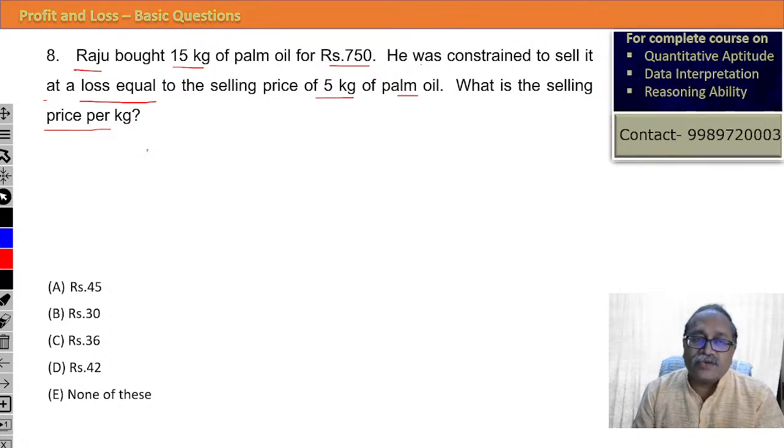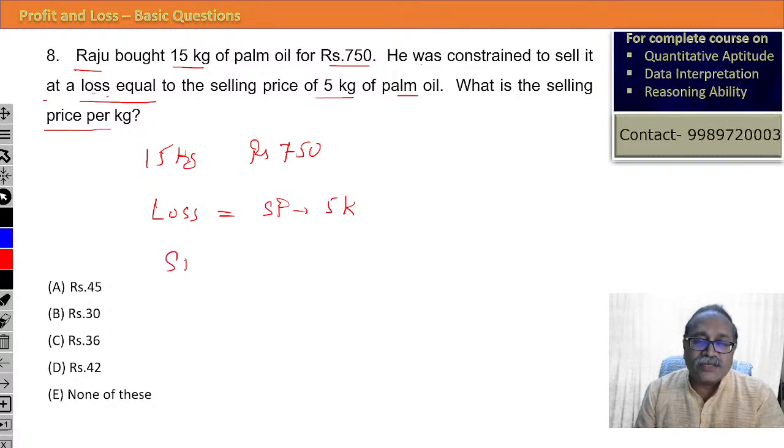It is given in the question, to understand it a bit: he bought 15 kg for rupees 750. Now he is forced to sell at a loss, and that loss is equal to the selling price of 5 kg. So you are asked to find out the selling price per kg.